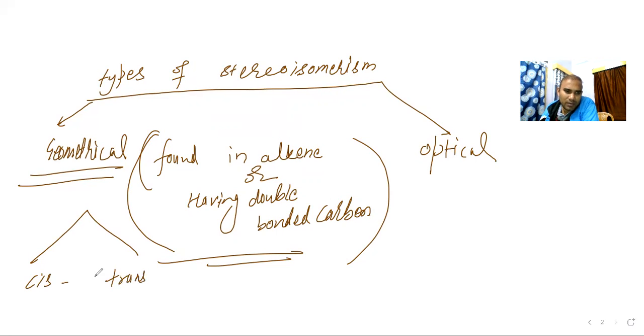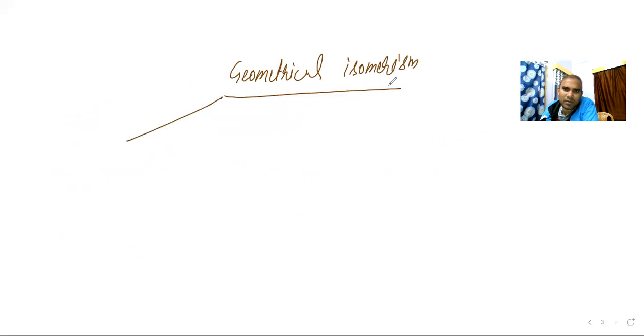If you are talking about cis, let us try to write it down. Geometrical isomerism is found in alkenes, meaning at least one carbon-carbon double bond should be there. It is of two types.